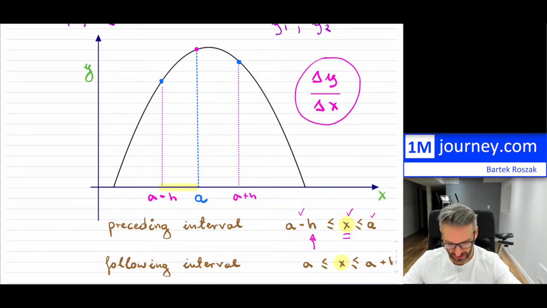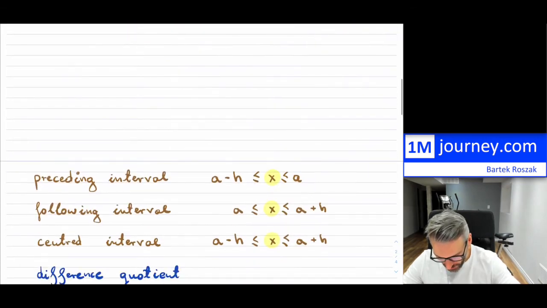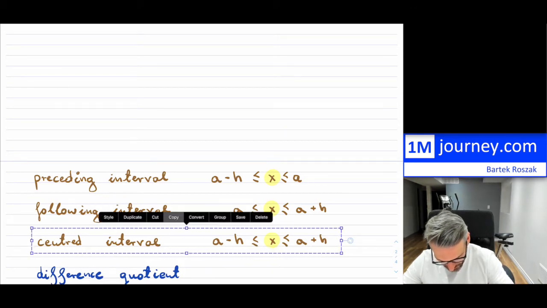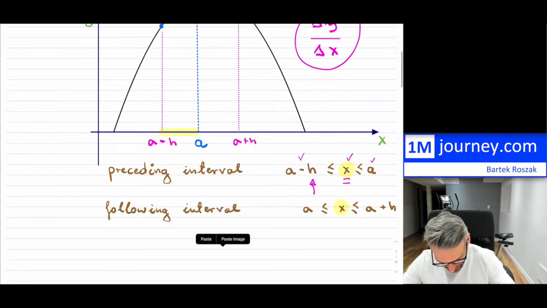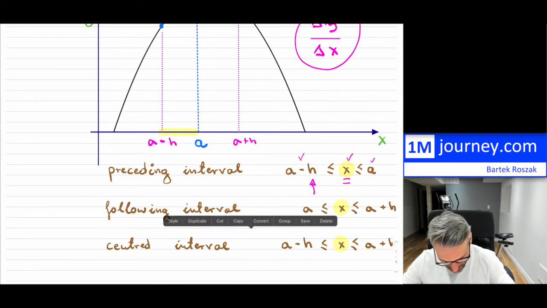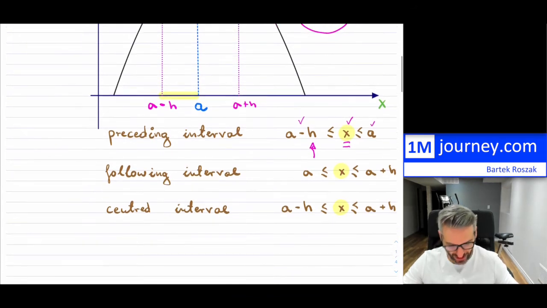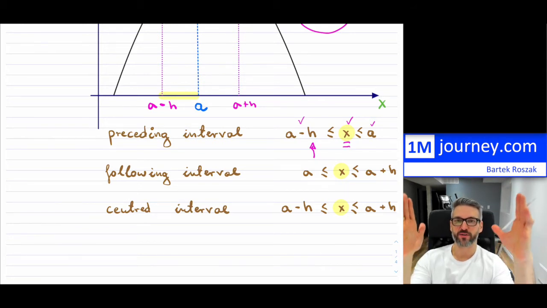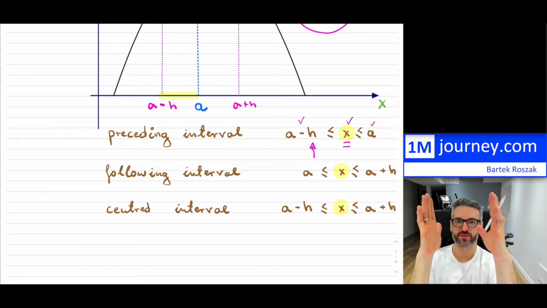Now, you can have the centered interval. So here you can have this. Let me copy this, put it back in here. Now, centered interval, notice that now x is between these two. So now we're centering it. And now this h, as it gets smaller, from both sides, it starts to approach that a.